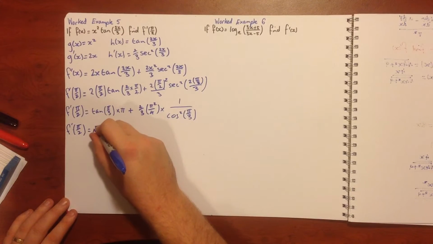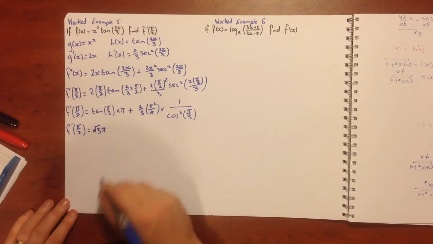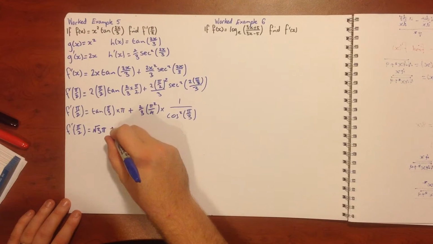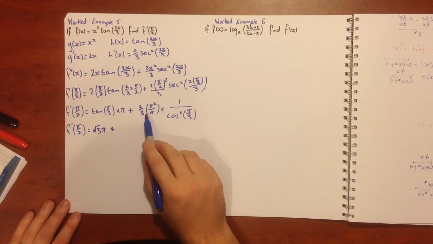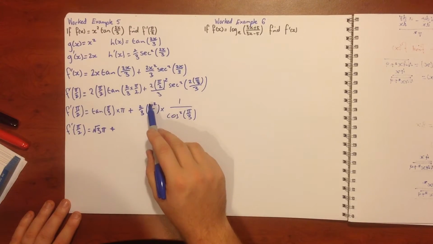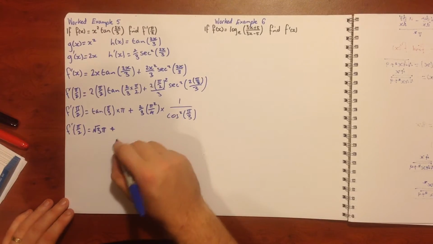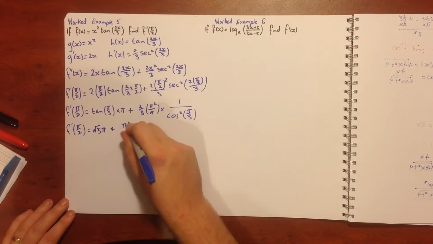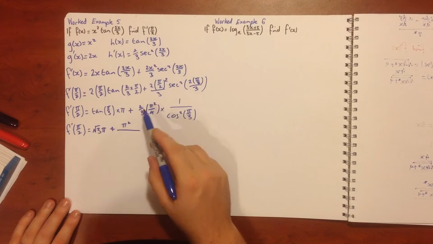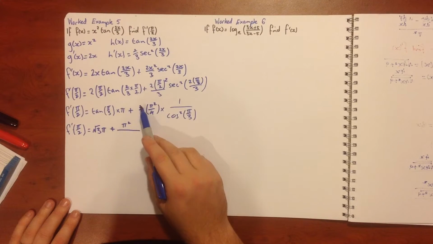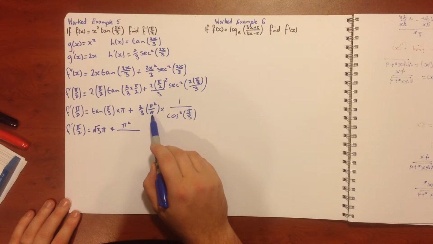So we're going to get root 3 pi, plus, from this part here, we're going to get pi squared on, well, when we do this, we can cancel our 2 with our 4 to leave us with a 2.